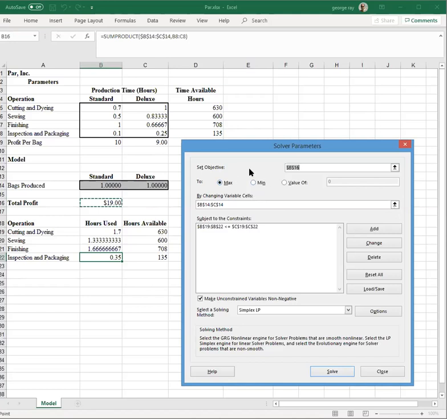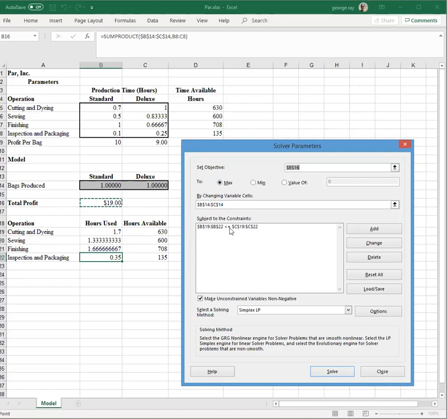One of the more common other options we'll use is minimize. We might want to minimize transportation costs, for example. We're going to accomplish this maximization by changing our decision variables. In this case, B14 and C14, the number of standard bags and deluxe bags that we produce.